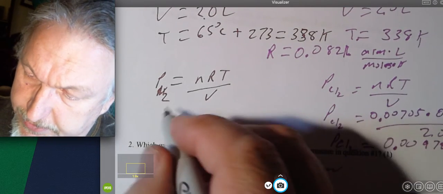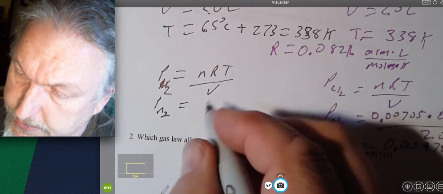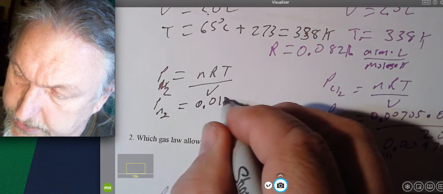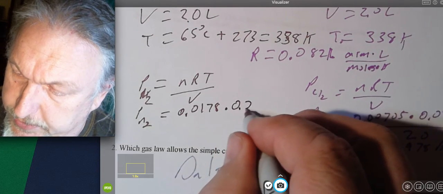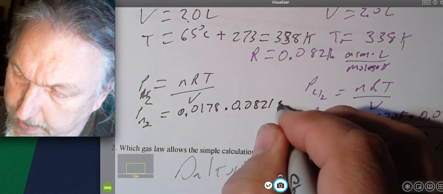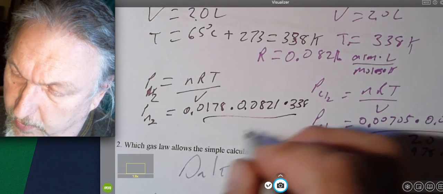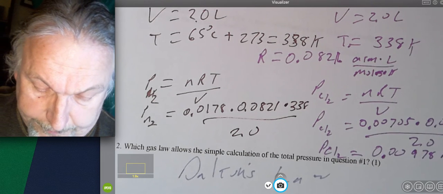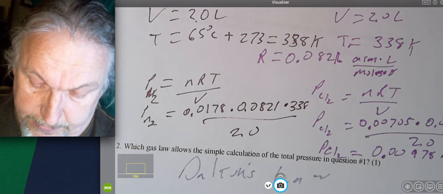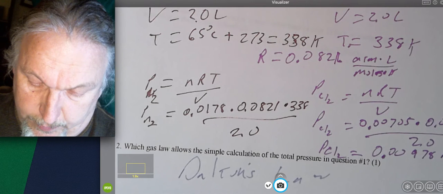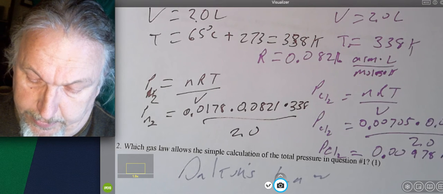Now let's do the nitrogen. The pressure of the nitrogen is 0.178 moles times the gas constant 0.0821 times the temperature 338 K over 2. So 0.178 times 0.0821 times 338 divided by 2.